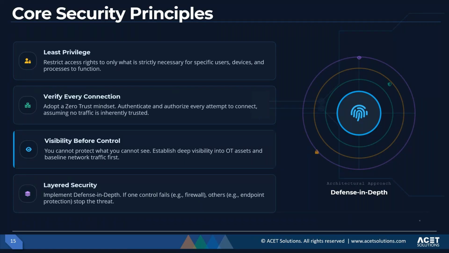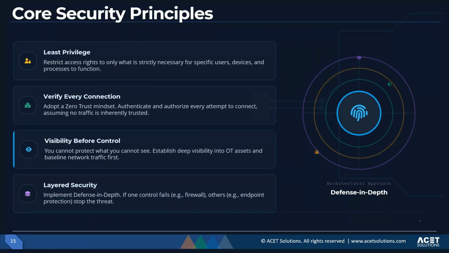For instance, if an engineering laptop connects to a PLC, the connection must pass through multi-factor authentication, certificate authentication, or protocol whitelisting before commands are accepted. Even machine-to-machine communication, like a SCADA polling a remote RTU, should be validated through secure signed traffic.